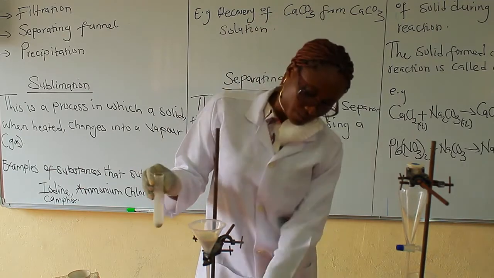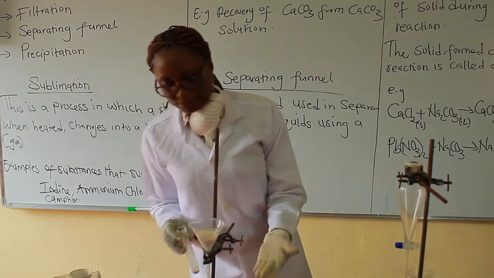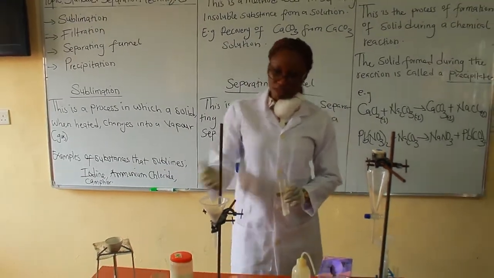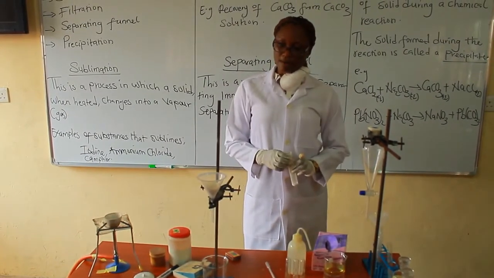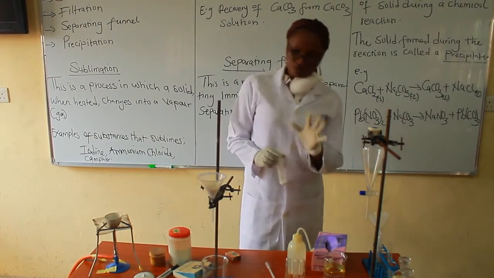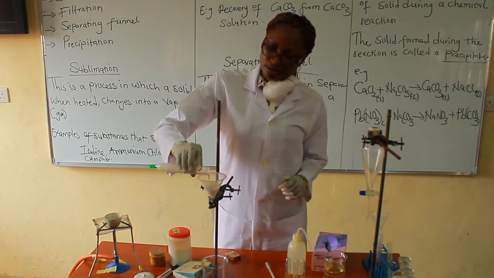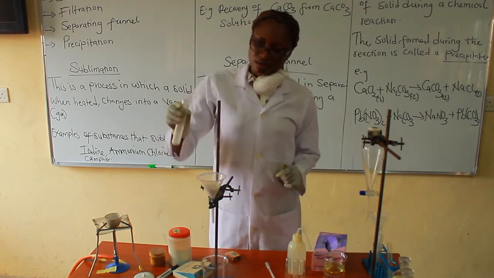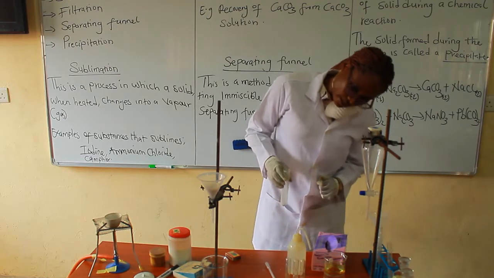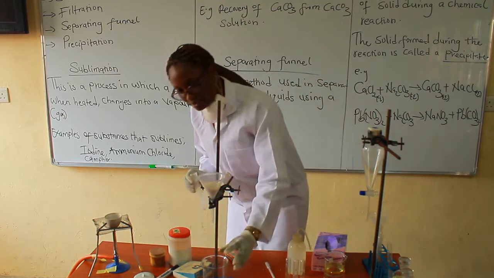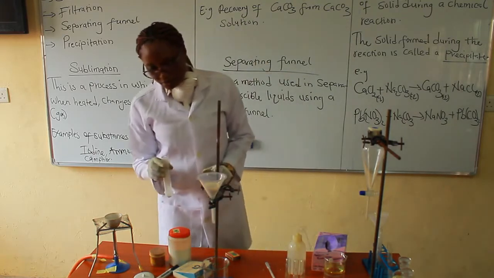At the end, you see water, pure, clean water coming down through the funnel into the beaker. So let's just be patient to watch what happens. Wow, it's already coming down. This is exactly what I want you to observe. Clean water without calcium carbonate.